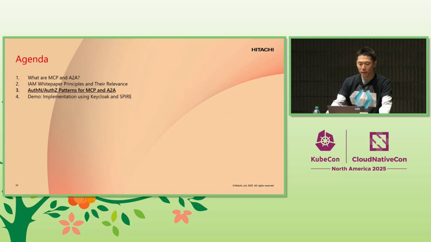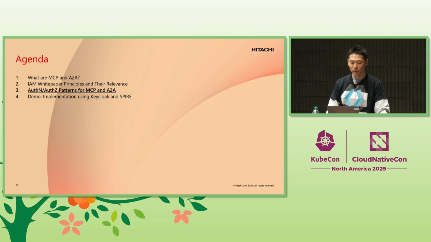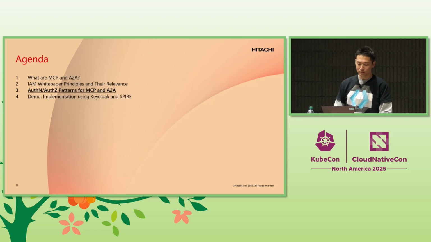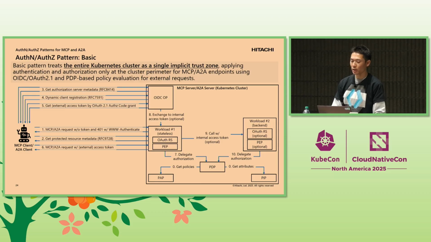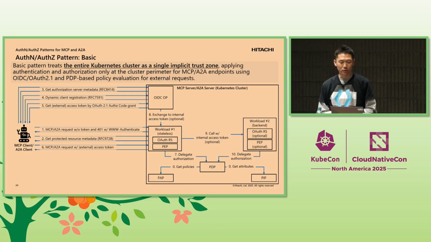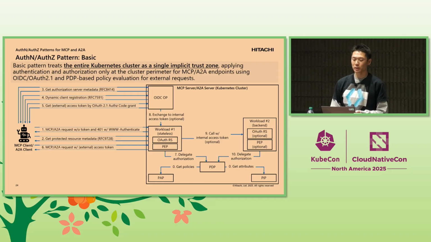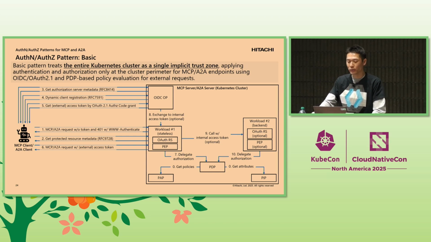Okay, so now let's turn those principles into concrete patterns for MCP and A2A. First, this is the basic pattern. Basic authentication and authorization pattern for MCP and A2A. In the basic pattern, all workloads inside the Kubernetes cluster are implicitly trusted, and security controls are enforced only at the cluster perimeter.